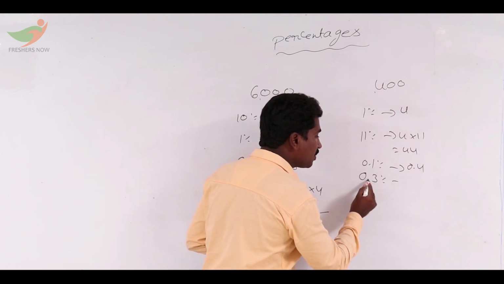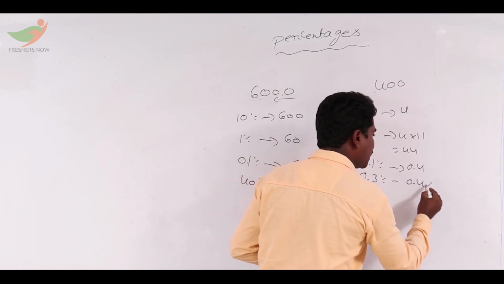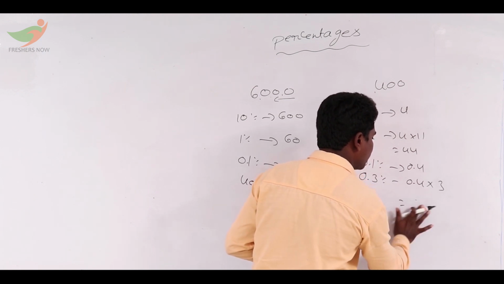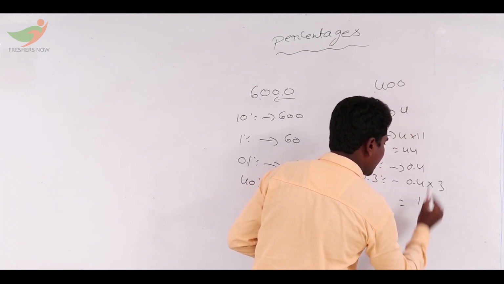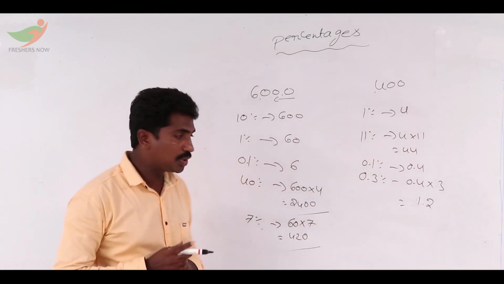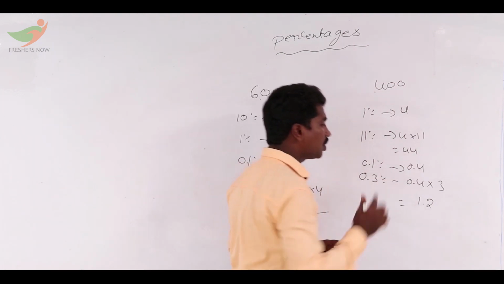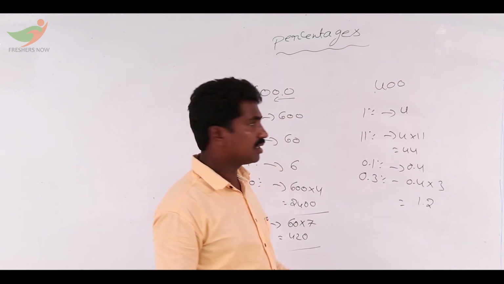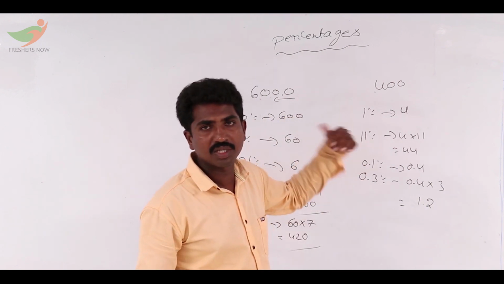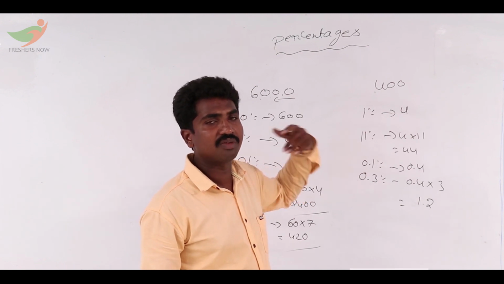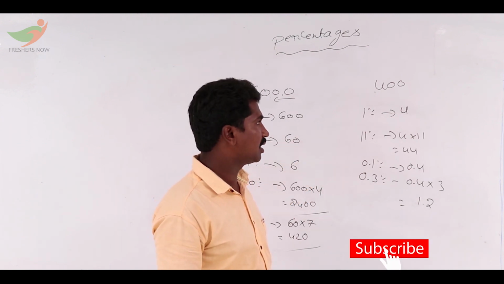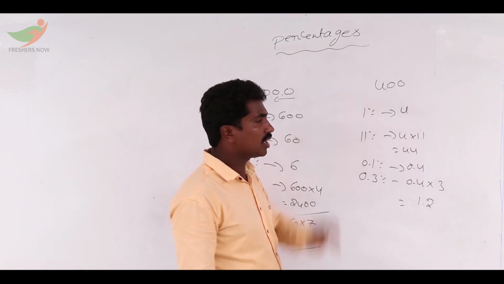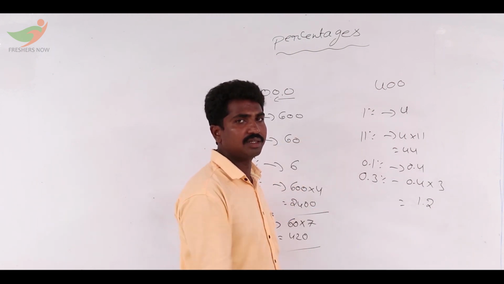So 0.3% is 0.4 into 3, so the value is 1.2. On any number, we can easily find 10%, 1%, 11%, 20%, 40%, like that. Any percent value we can find easily by putting the point from the right side.